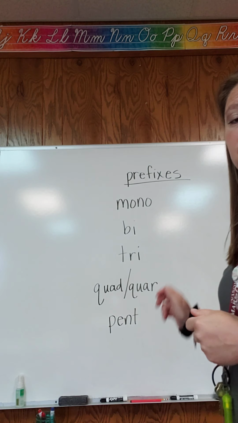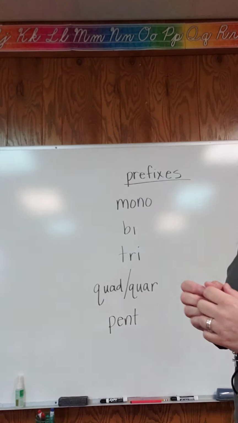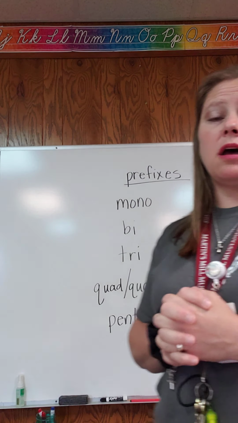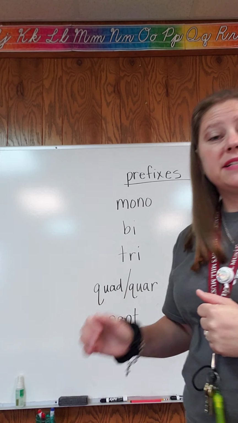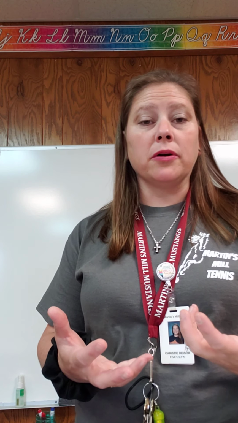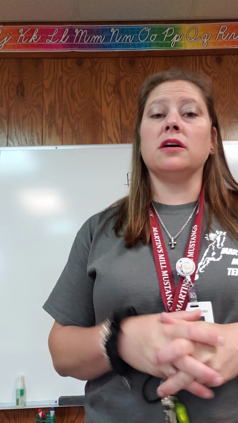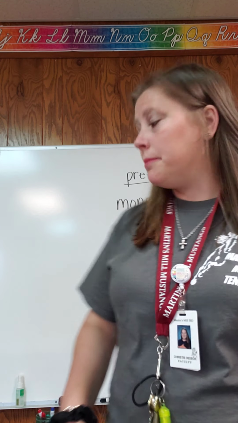Pause the video right here and see if you can figure out what these prefixes are used for when we write with them or when we see them in reading. Okay, if you identified that at least a couple of these represent numbers, you would be correct. Not just a couple of these, but all of these represent numbers.